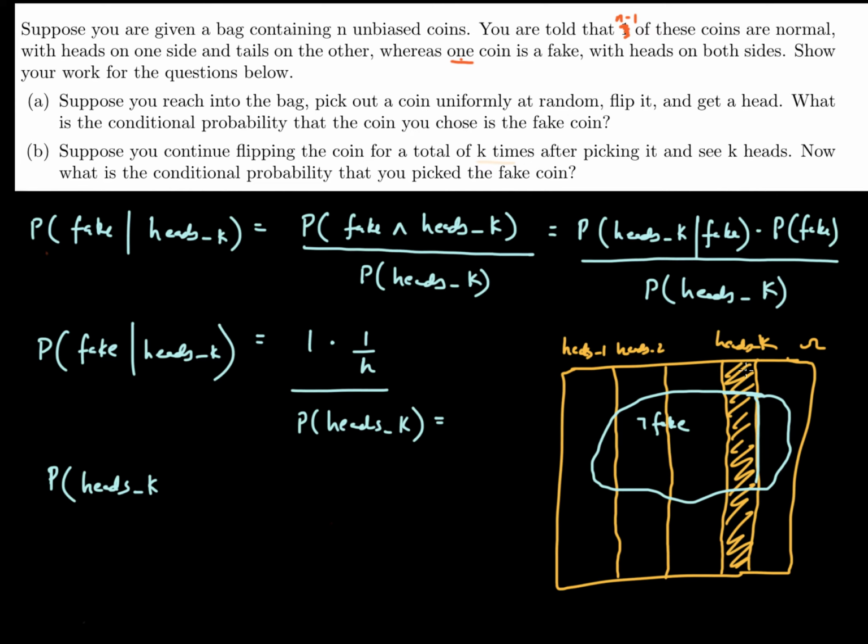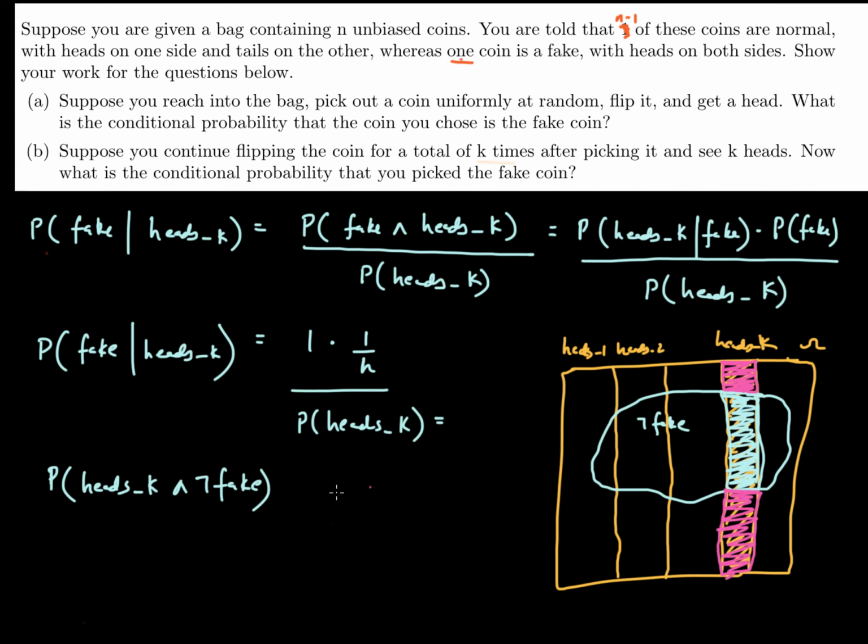So let's get the probability of this entire yellow piece as the addition of 2 things. The addition of this blue piece. What's this blue piece equal to? Well, the blue piece is equal to heads of k occurring and the coin being not fake. What is this entire piece in pink equal to?